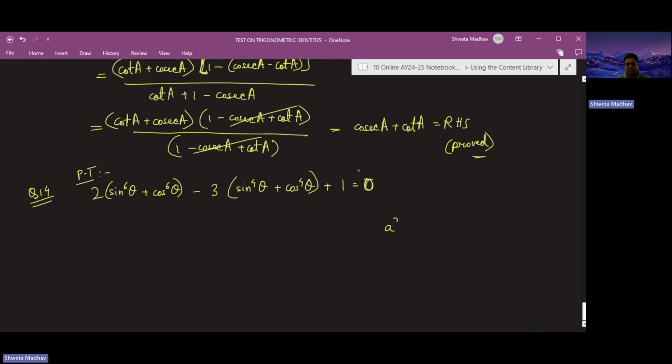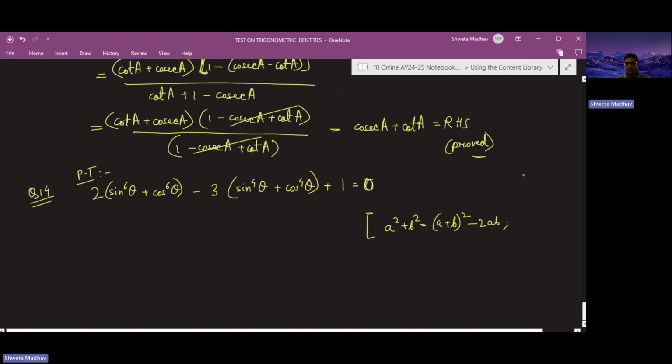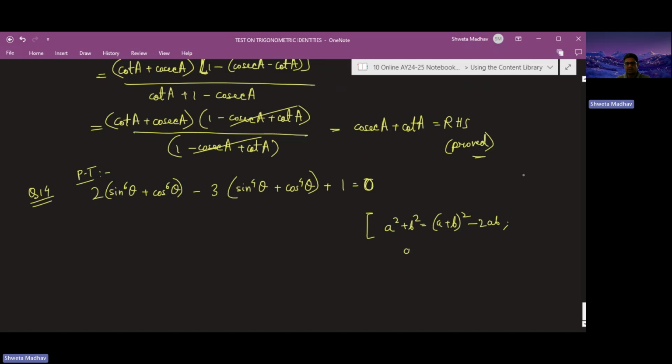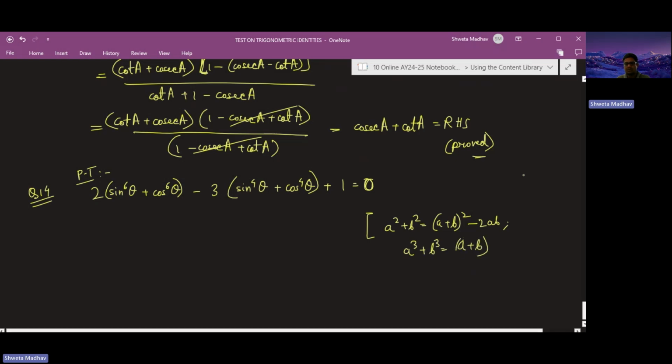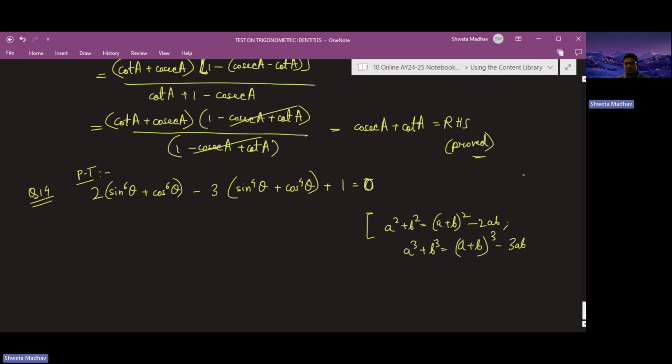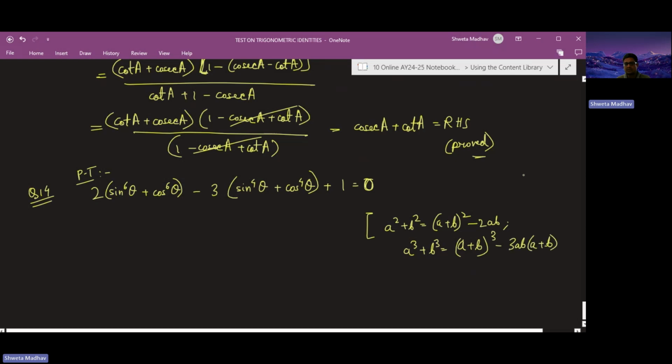Now we know that a square plus b square can be written as a plus b whole square minus 2ab, and a cube plus b cube can be written as a plus b whole cube minus 3ab into a plus b.